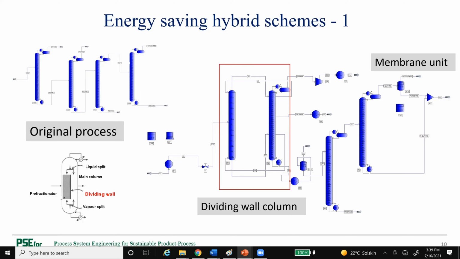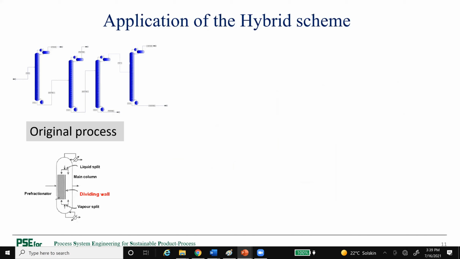And another could be, we have 4 columns. So can we combine? How many dividing wall column combinations can we do? We can take the first 2. We can take the middle 2. We can take the last 2. Taking the middle 2 does not help, because as I said, the compounds, the purity and the flow rate are all important in configuring distillation columns.